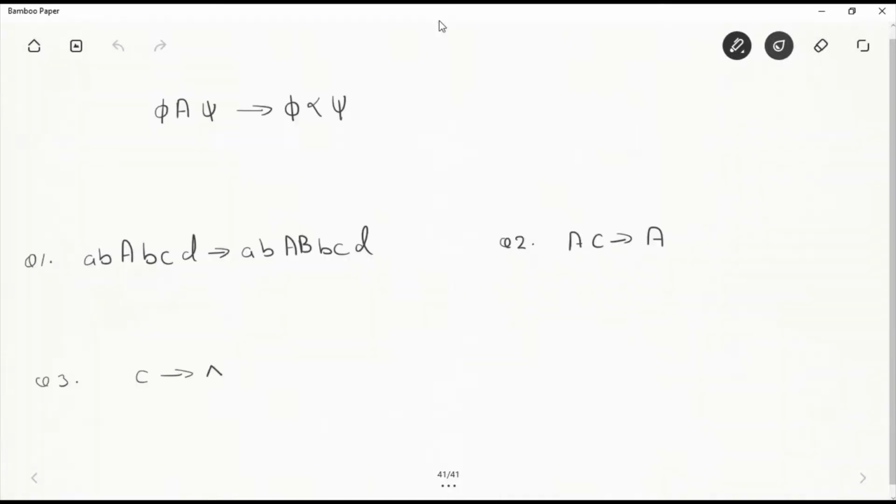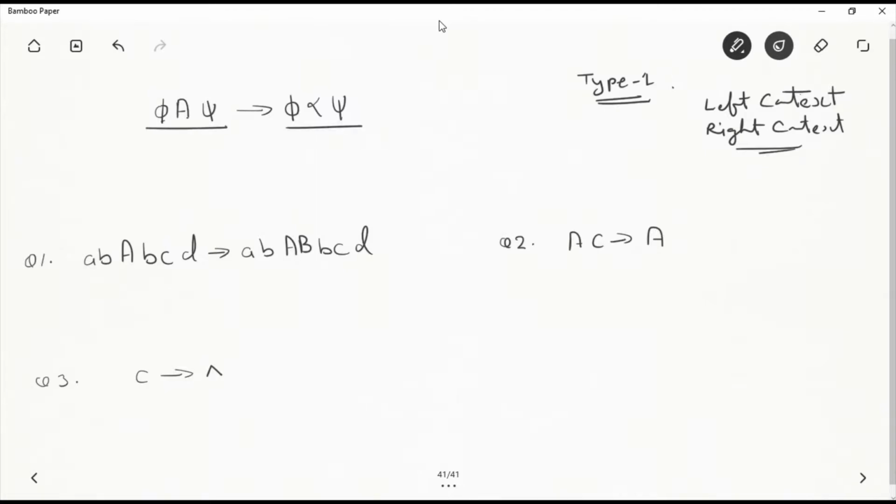Now, before we move to type 1 or type 2, we have to know about left context and right context. So consider this production rule: phi A psi is rewritten as phi alpha psi.